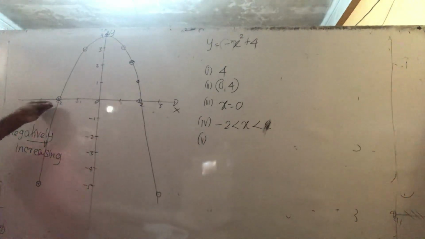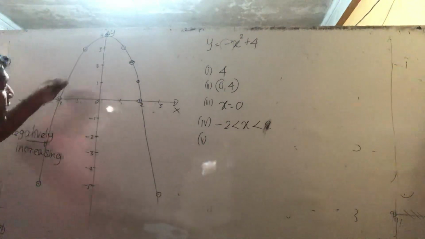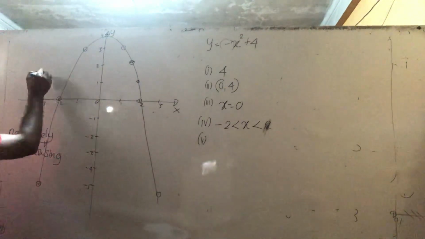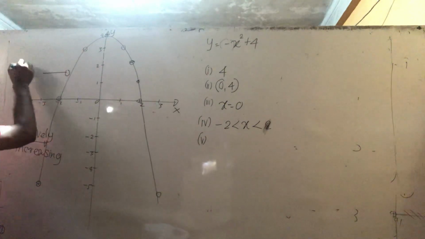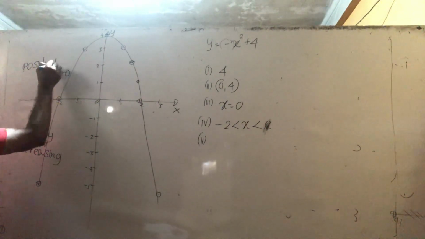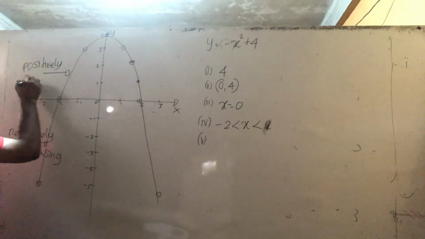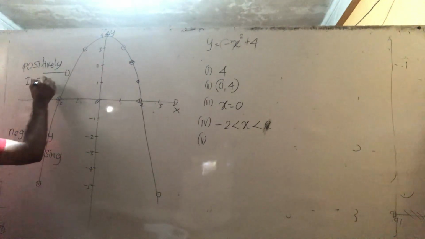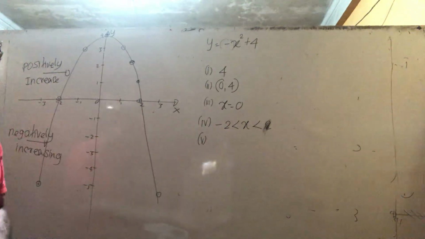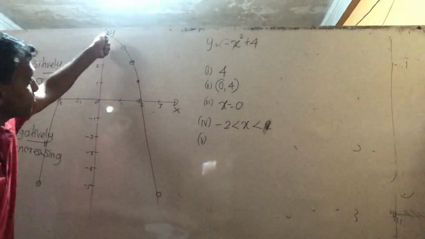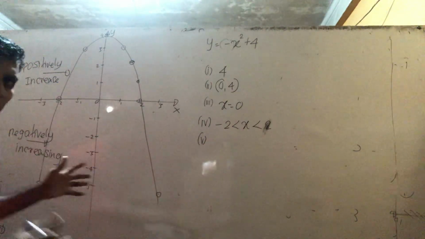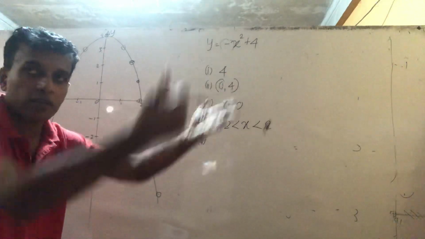What happened? y value increases, positively increases. Okay, now you can get the idea. It's very important. You can mark this. Keep in touch by observing. You can do all the ranges.